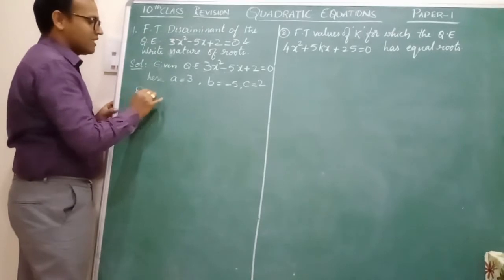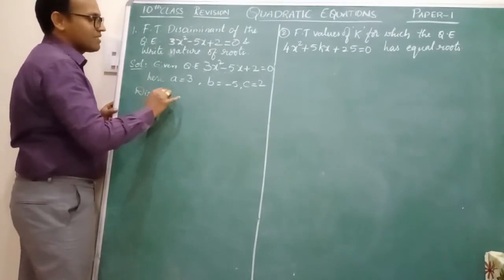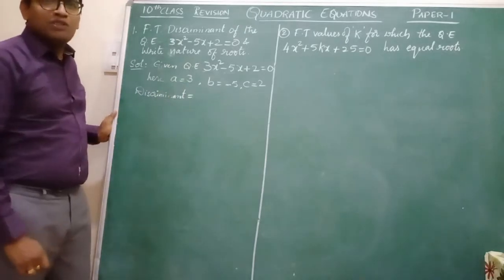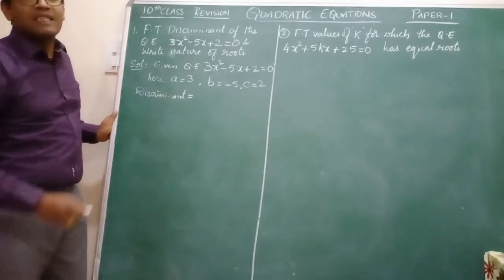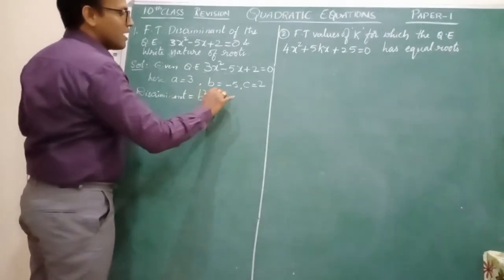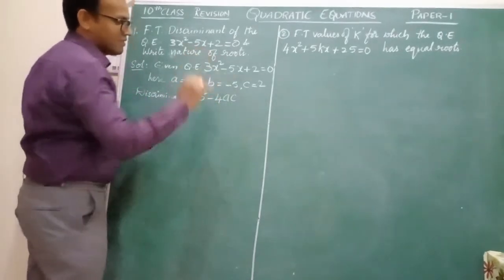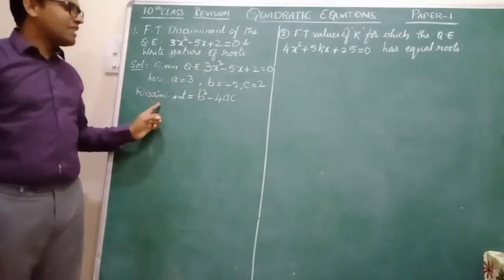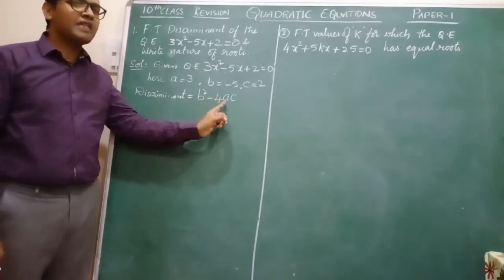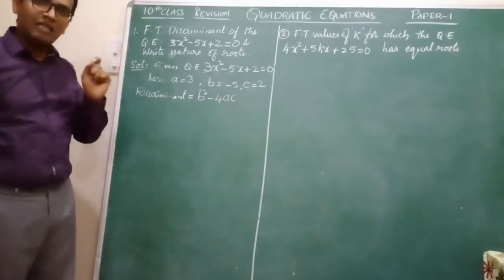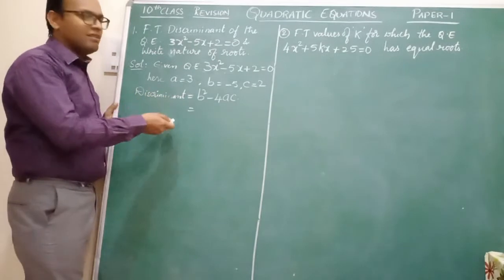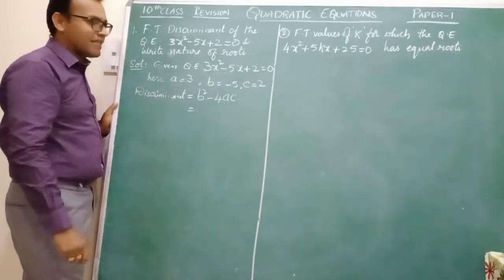Now we have to find the discriminant. Students, we should know the formula of discriminant. Discriminant is equal to b square minus 4ac. Remember this. Just substitute the values into the expression.